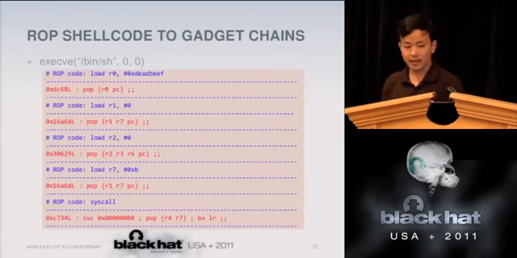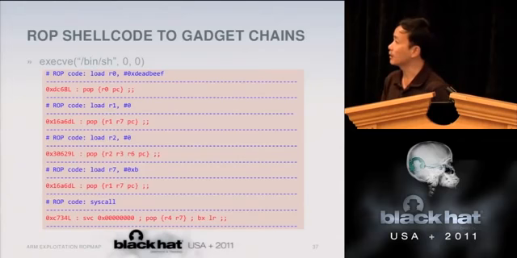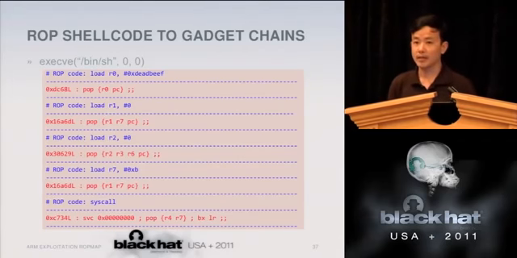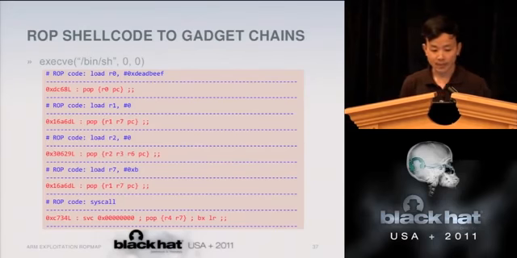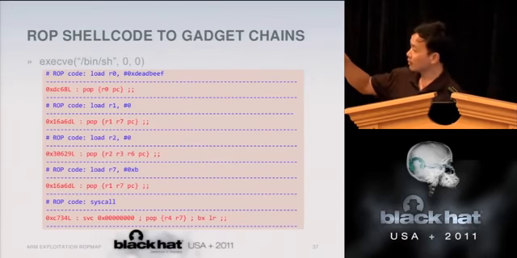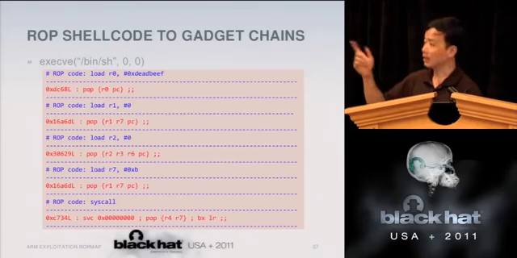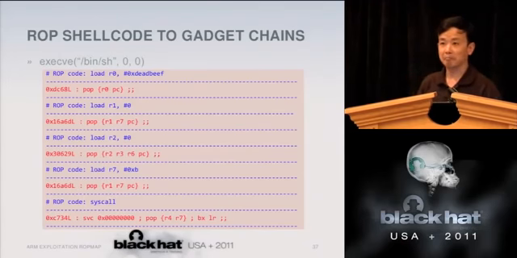Here is an example of a ROP shellcode turned into a gadget chain. Here we have the ROP shellcode for exec /bin/sh. The ROP code "load R0" is equivalent to pop R0, PC. Load R1 is pop R1.